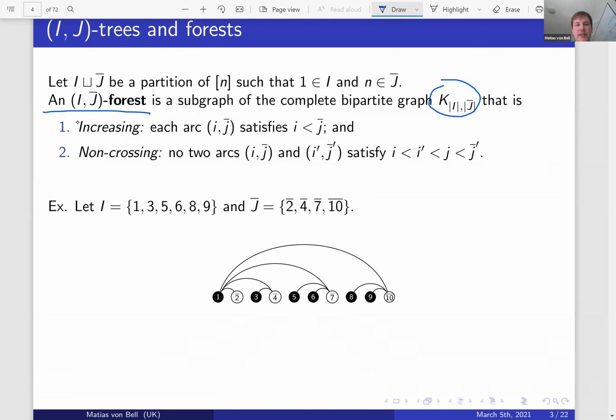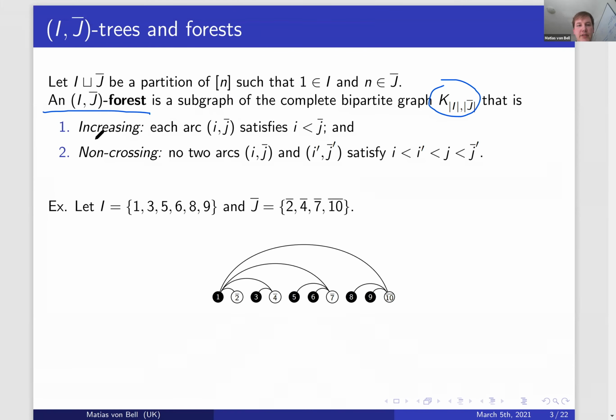and we add arcs to it to form what's called an ij forest. The arcs have to satisfy two conditions. The first is that the arcs are increasing, so they go from an element of I as the left endpoint to an element of J as the right endpoint. The second condition is that the arcs are non-crossing, so they aren't crossing when we draw them in this way.